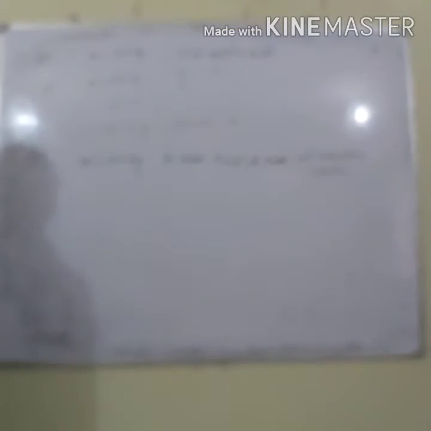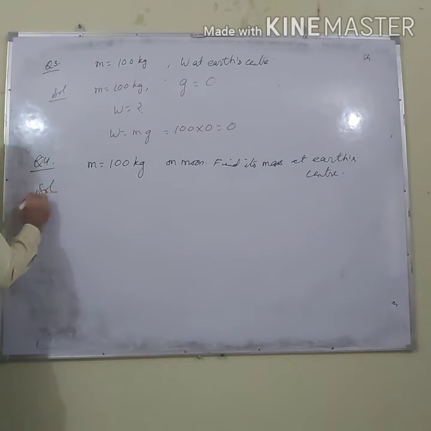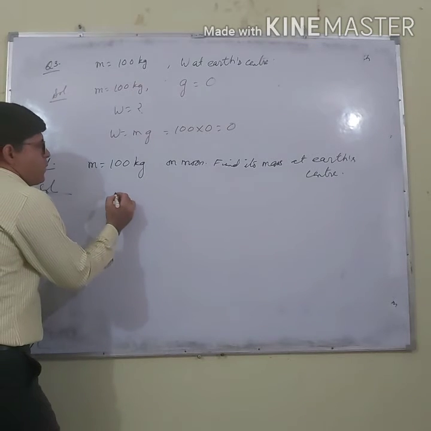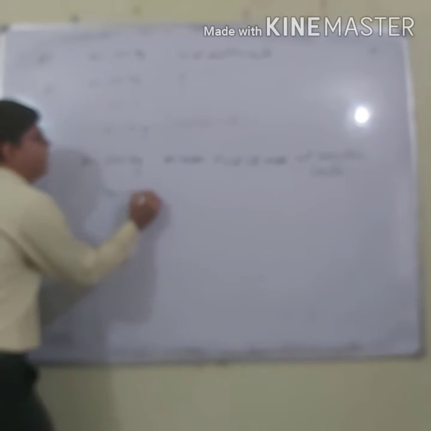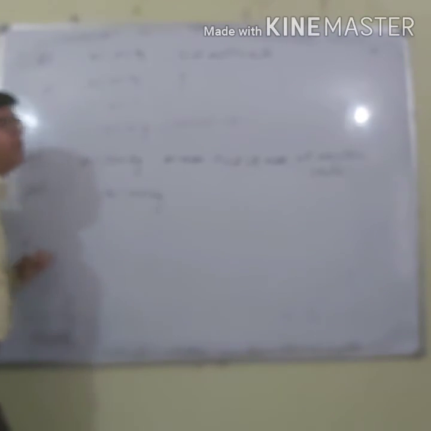Find its mass at Earth's center. What is the solution? The mass will be 100 kilogram, because mass does not depend on acceleration due to gravity.